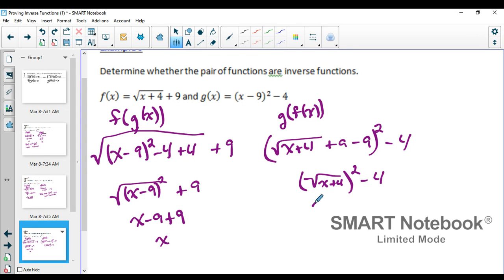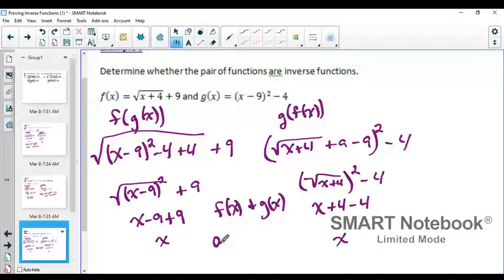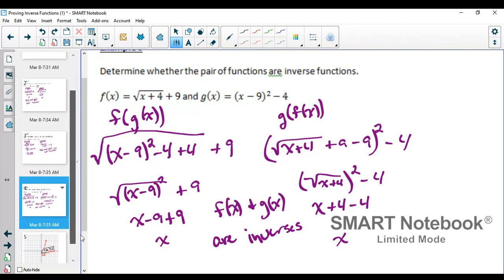And we're left with x plus 4 minus 4. So the positive 4 and the negative 4 go away, and we're left with just x. So once again, both versions simplified to just x. So that means f of x and g of x are inverses. And I think that is our last example.